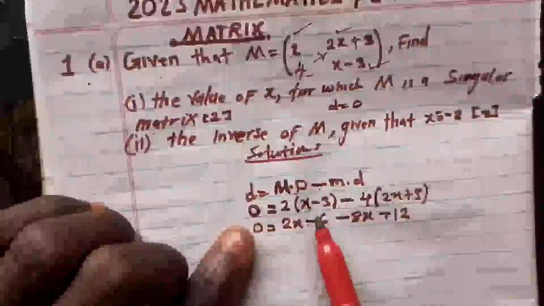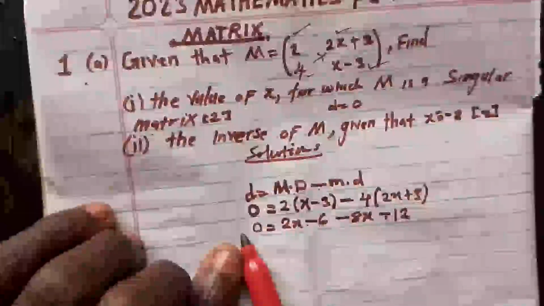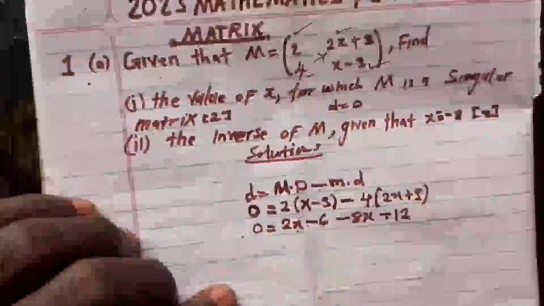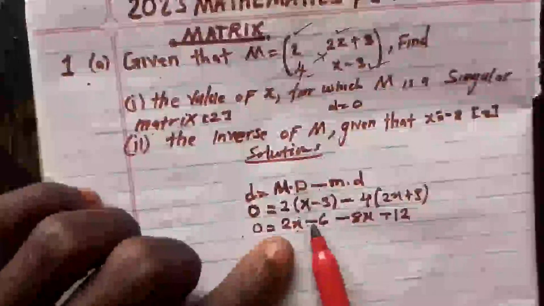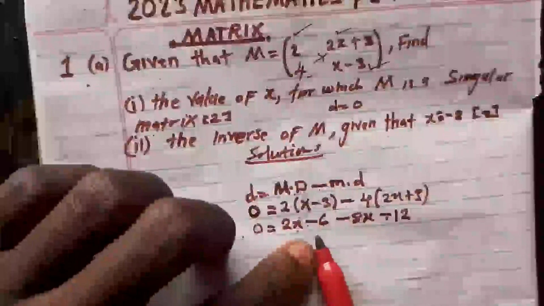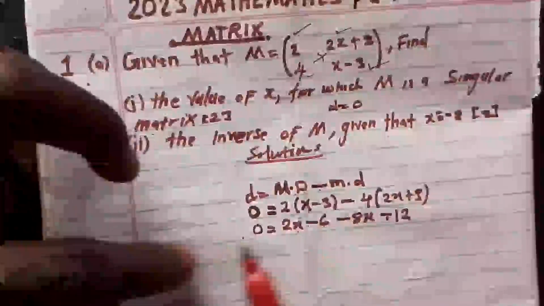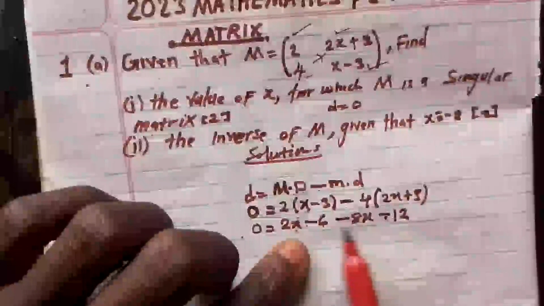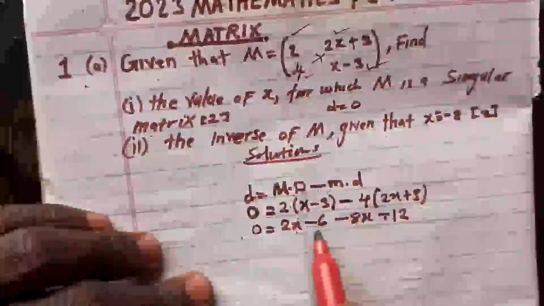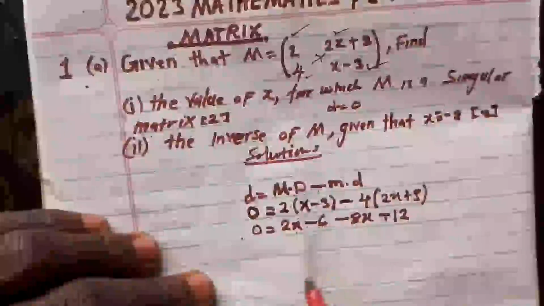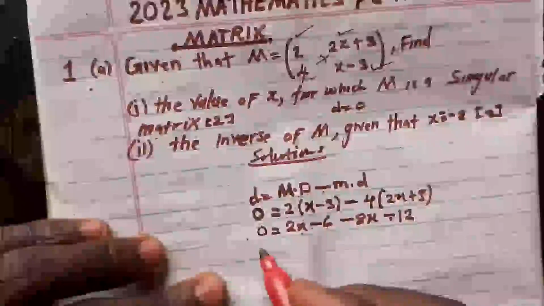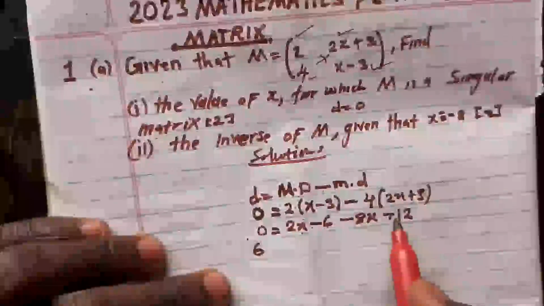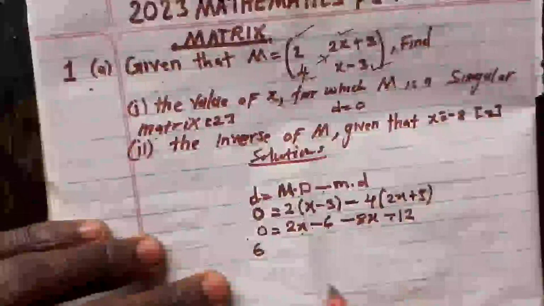When negative 6 crosses an equal sign, it changes to positive 6. Even negative 12, when it crosses an equal sign, will change to positive.